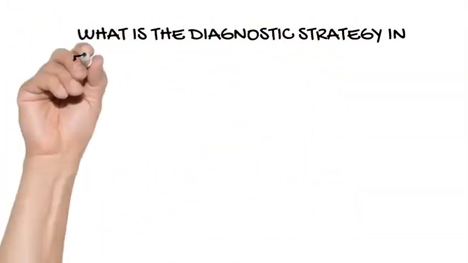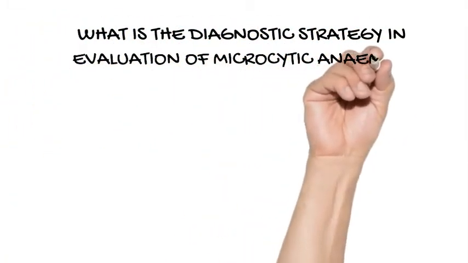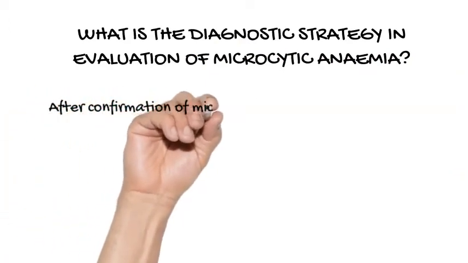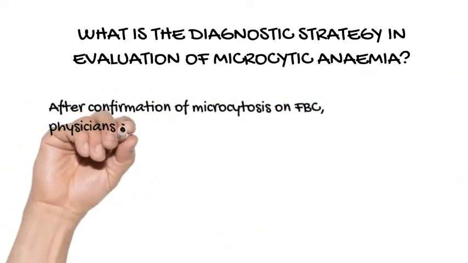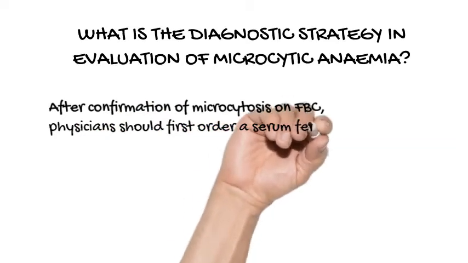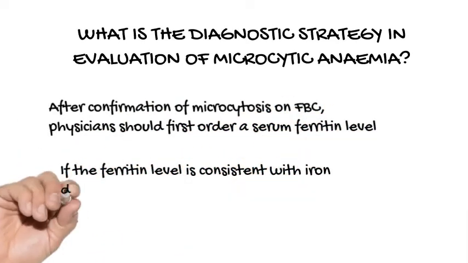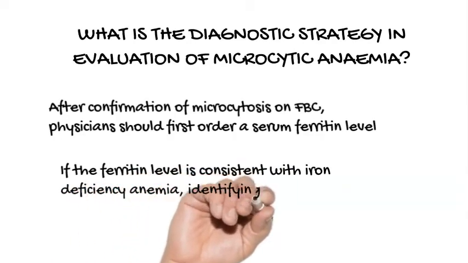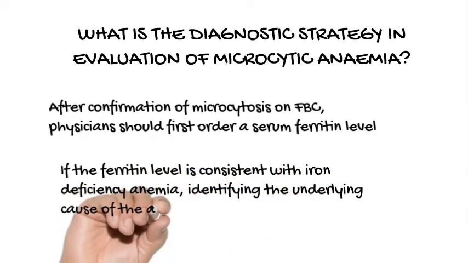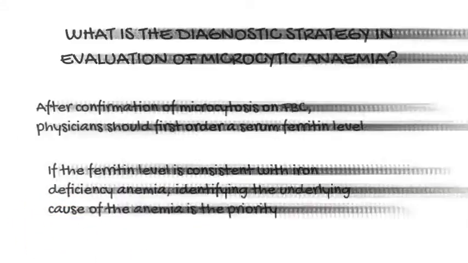What is the diagnostic strategy in evaluation of microcytic anemia? After confirmation of microcytosis on FBC, physicians should first order a serum ferritin level. If the ferritin level is consistent with iron deficiency anemia, identifying the underlying cause of the anemia is the priority.